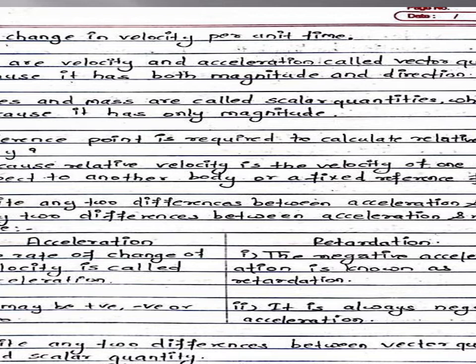Now, why are velocity and acceleration called vector quantities? Acceleration and velocity are called vector quantities because they have both magnitude and direction, and the quantities having both magnitude and direction are called vector quantities. If I simply say Ram walked for 10 meters, this is the distance covered by Ram.